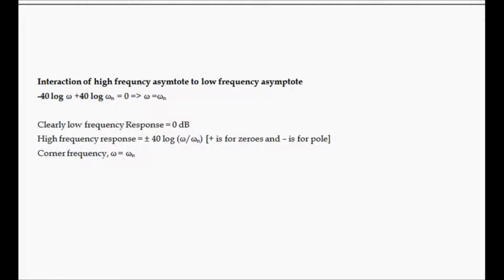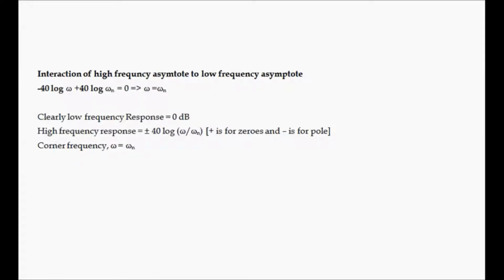So now we will calculate the intersection of the high frequency asymptote and the low frequency asymptote, that is, where these two asymptotic approximations actually meet. For this we just put these two values equal to each other. The first is the 0 dB line, and the second is minus 40 log omega plus 40 log omega n.